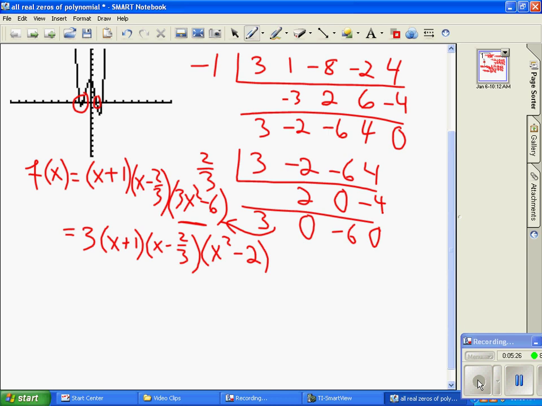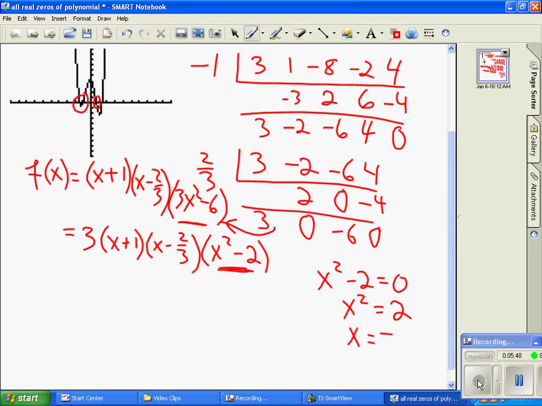Okay, so we're going to factor this term. Since we're doing the square root method, let's set that equal to 0. So add 2 to both sides, and take the square root of both sides.